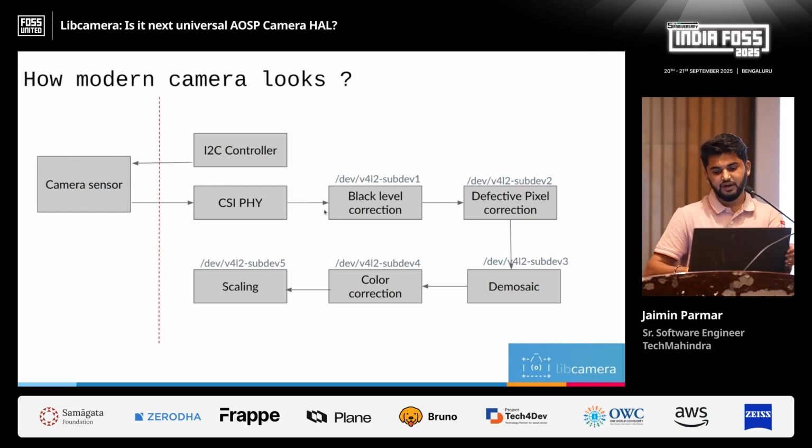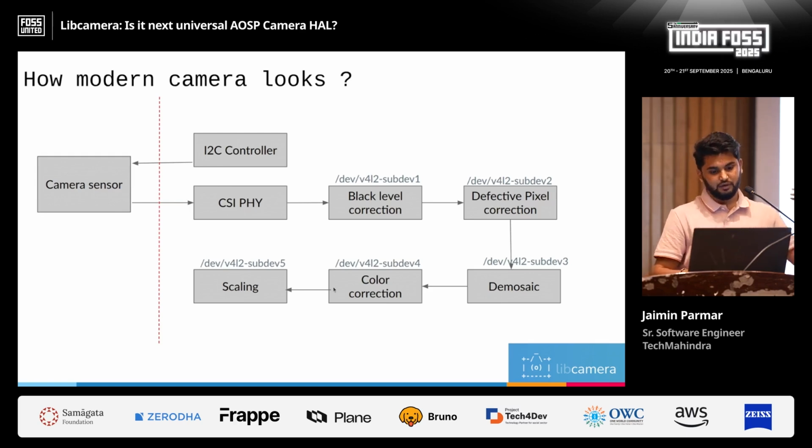Every block we call an entity, and every block has source and sink pads. The camera sensor has a source pad only, meaning it gives output only, and it connects to the CSI2, which has a sink pad, and again it is sourcing further like this, right?